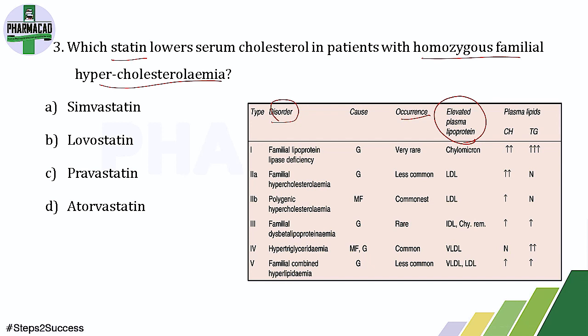So type 1 includes lipase deficiency. Type 2A is called familial hypercholesterolemia. When they say familial, it is genetically derived. Then we have polygenic, which is 2B type. We have dysbetalipoproteinemia, then hypertriglyceridemia and combined hyperlipidemia.